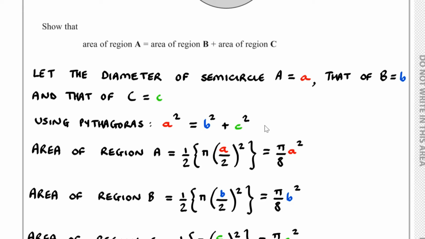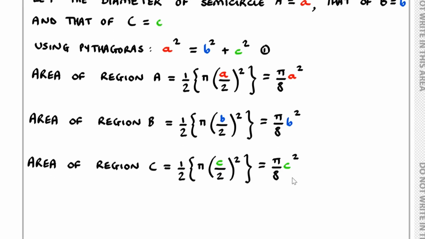Now, if I call this equation 1, then what we can do is multiply equation 1 through by pi over 8.